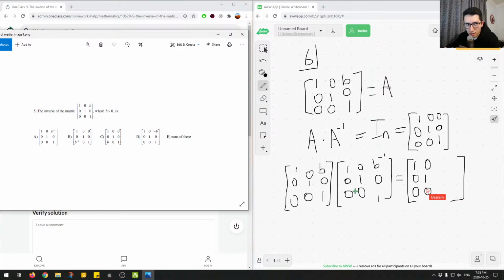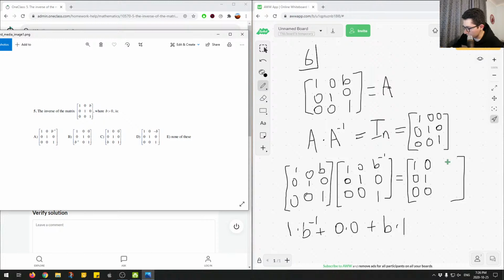And then the last column is really what we care about. Here we have row 1, times b. So here we have b to the minus 1, times 1, plus 0 times 0, plus b times 1. You can see right here that this doesn't give us 0.